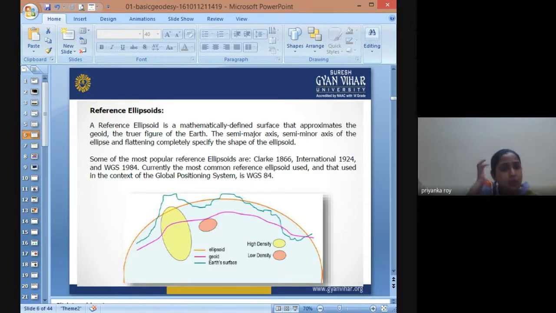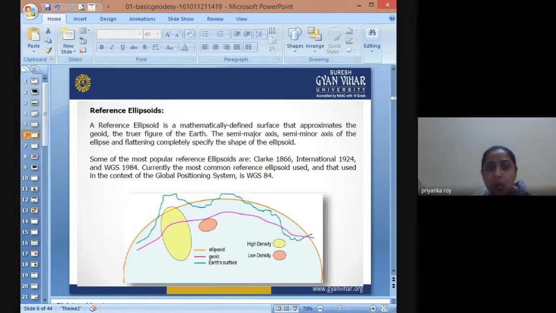Okay. So some of the most popular reference elliptoids are, number one, the earliest attempt of giving a shape to the earth, that is Clarke in 1866, then International 1924, and then came WGS 1984.